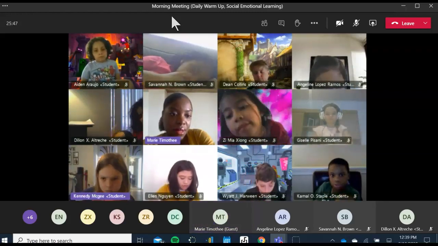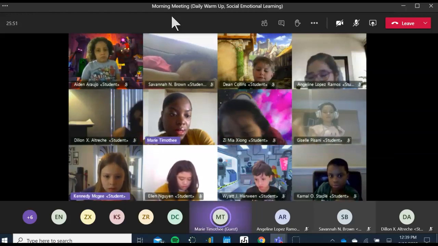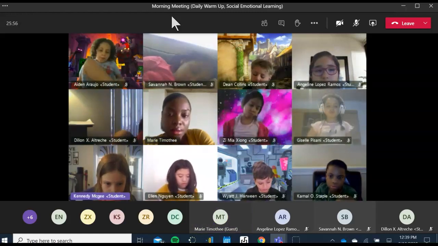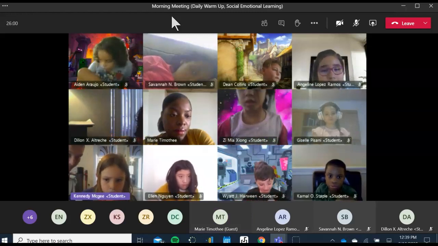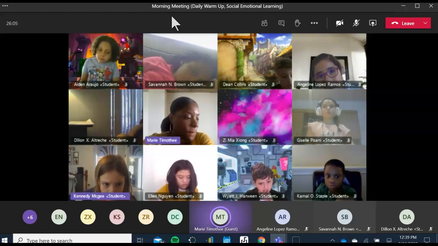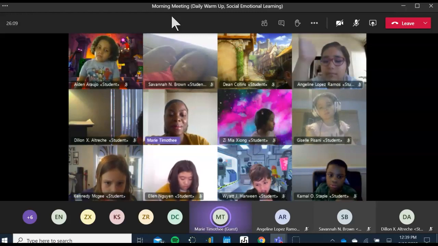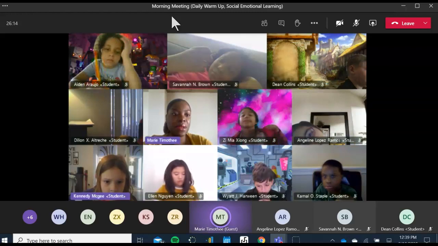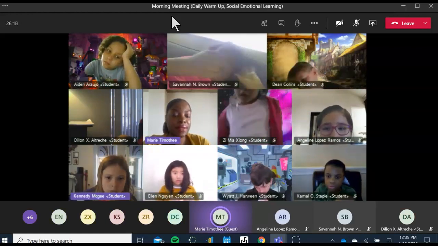Just minimize this. It says desktop and window. Click on desktop. Can you see my screen? Yes. Okay, go to modules, all the way at the left.